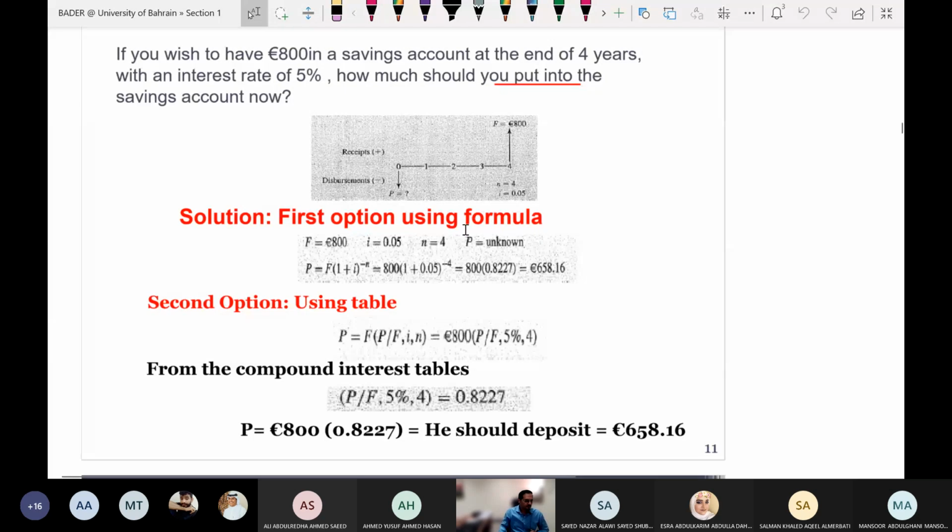This problem was more or less straightforward. We had the future value given. We wanted to find out the present value. What was the information? We had the number of years and we have I.